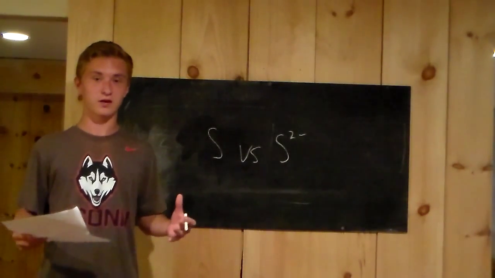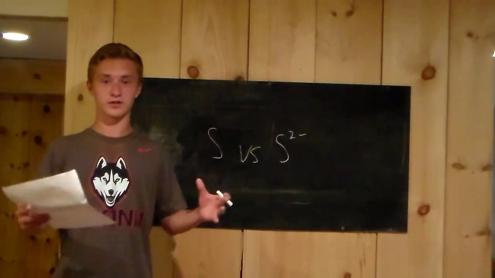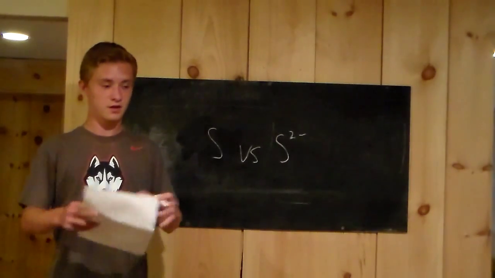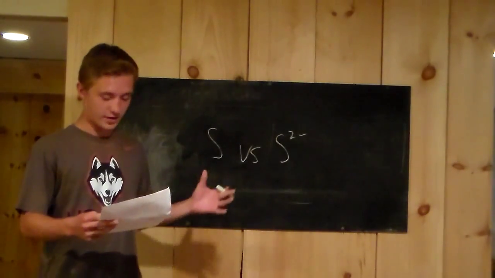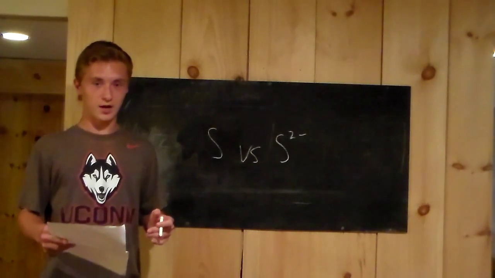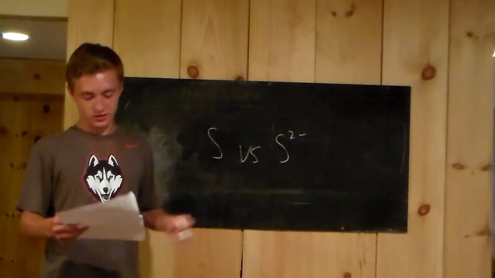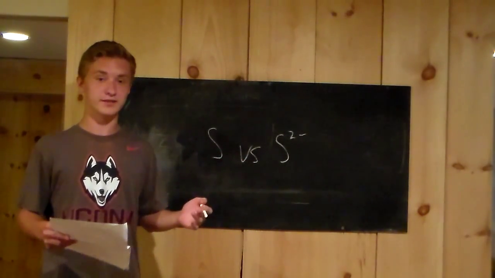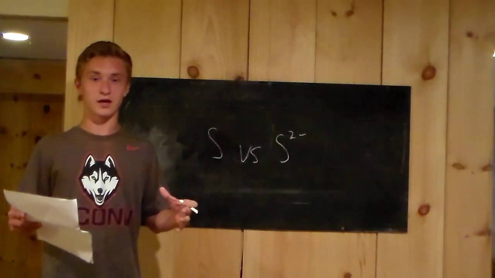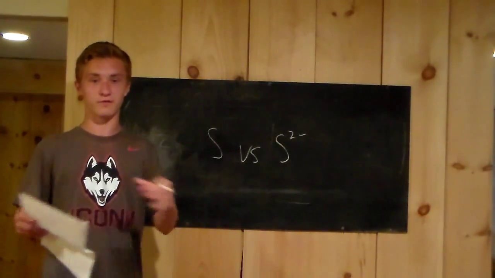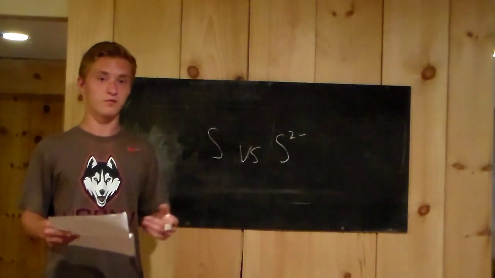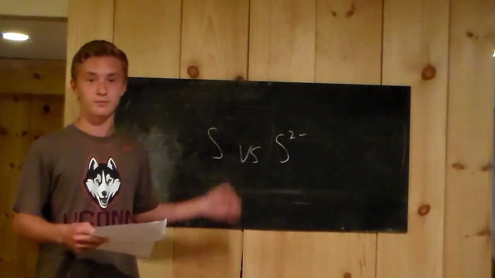So the electron cloud is larger, increasing the electron-electron repulsions, causing the ion to be greater in size. And the sulfur 2- ion also has lower ionization energy because the electrons are more spread out, and therefore they feel less of a pull from the nucleus than in the parent atom.